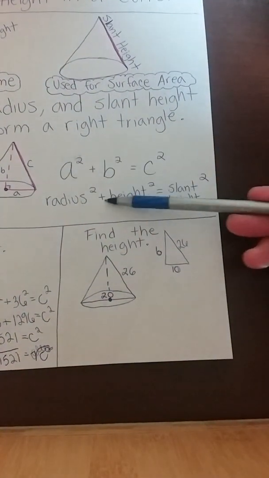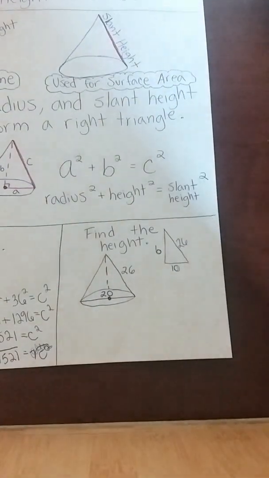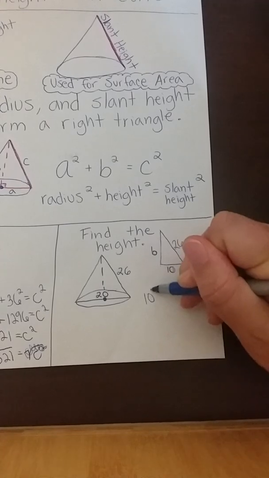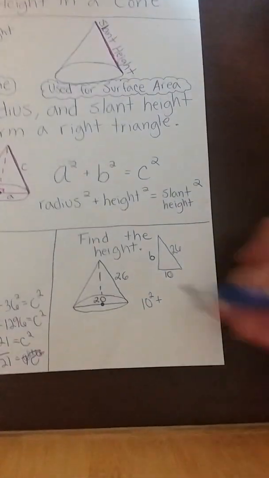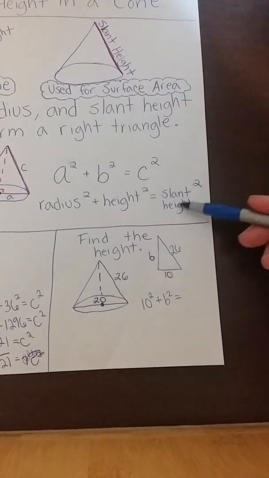Radius squared plus height squared equals slant height squared. My radius is 10. So I'm going to write 10 squared plus height squared. I don't know the height, so I'm going to just make that b. So plus b squared equals slant height squared.